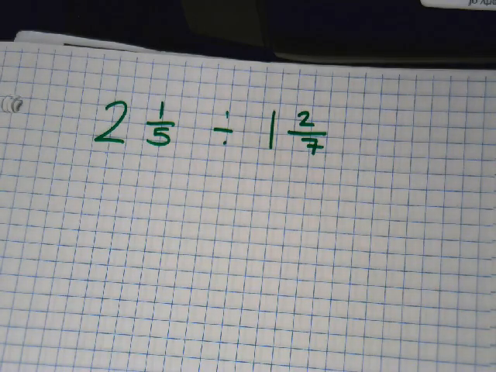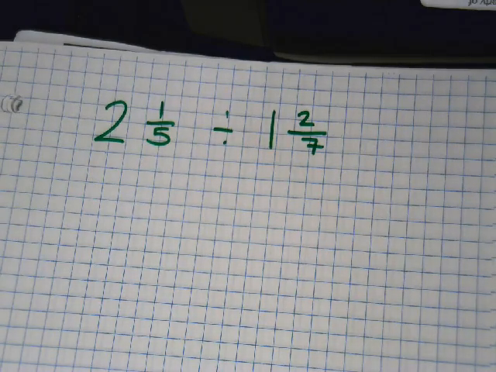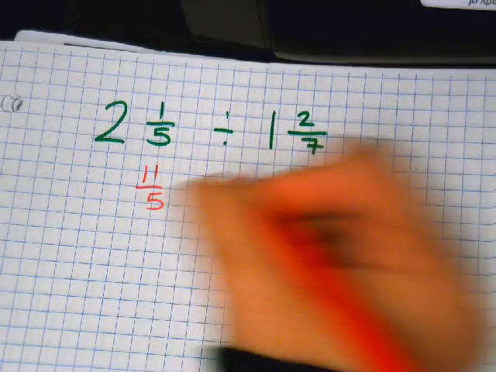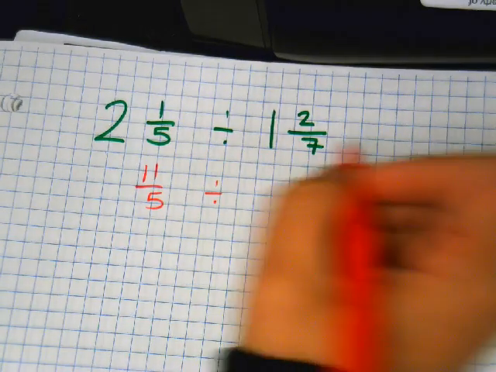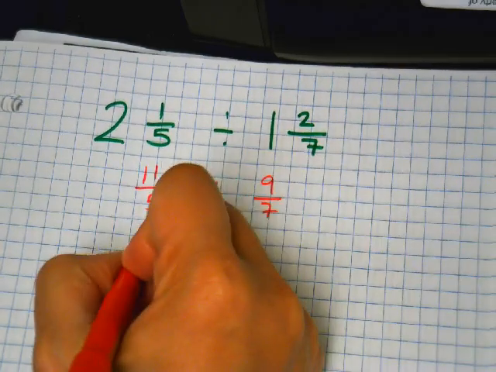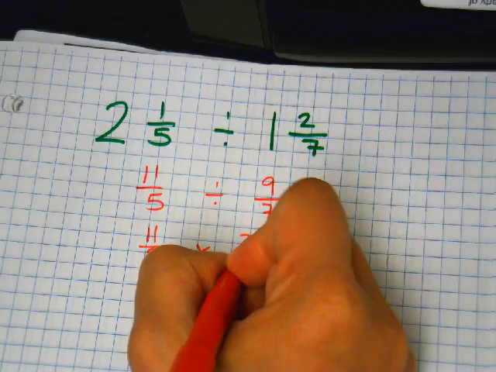So go ahead and turn it into improper. What's our first improper? 11 over 5 divided by, what's our second improper? 9 over 7. And then 11 over 5 times 7 over 9.